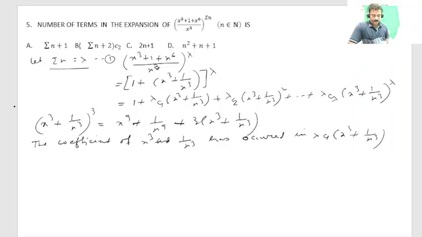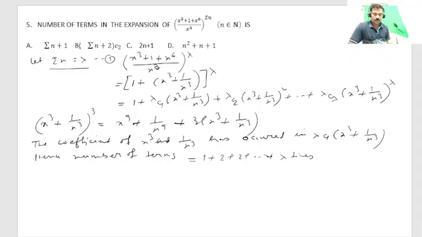Okay, hence the number of terms equals to 1 plus 2 plus 2 plus and so on to lambda times, that is 1 plus 2 lambda here.